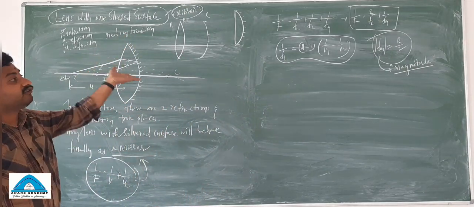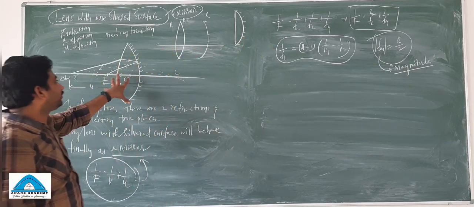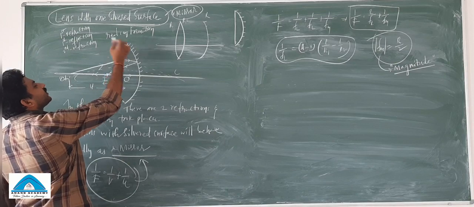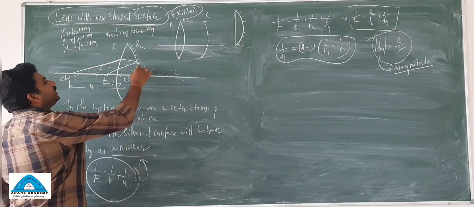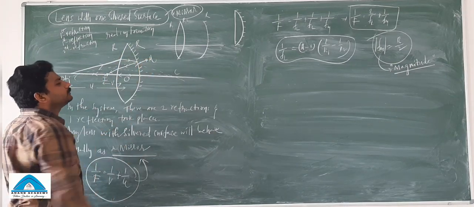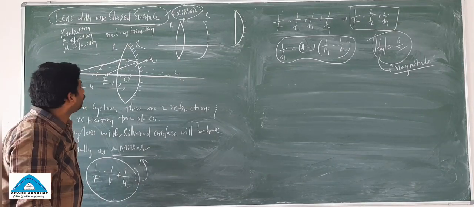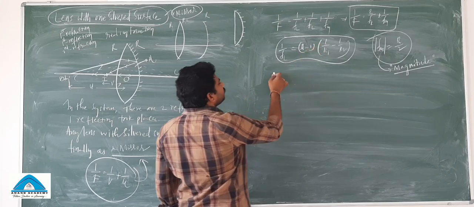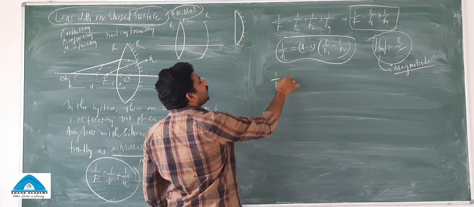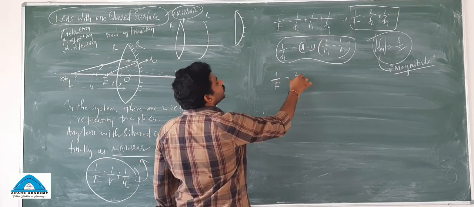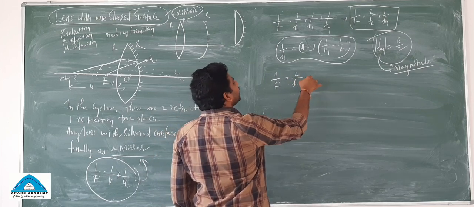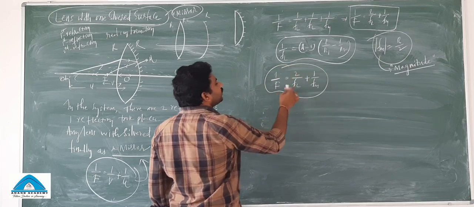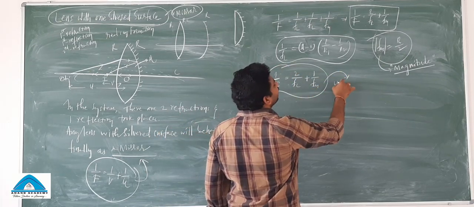The focal length. Let the focal length of the system, an expression we are going to find. So here the radius of curvature is R and the refractive index is mu. Okay, let's start. 1 by focal length is equal to 2 by focal length of the lens plus 1 by focal length of the mirror.